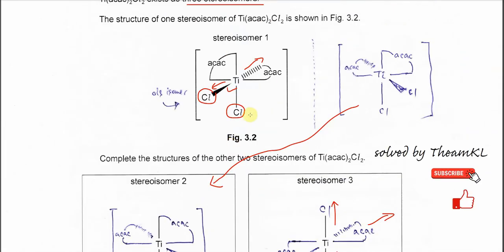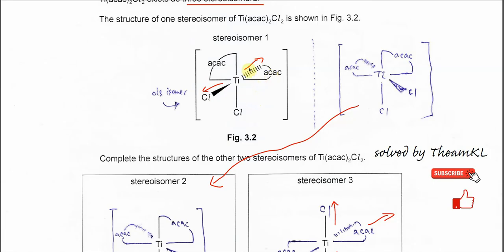For this cis isomer, this cis and this cis are mirror images, but in terms of whether the dipoles cancel, polar or non-polar, they are actually similar. Because you see opposite here, this is chloride, this is acac, so it's a different ligand. The dipole will not really cancel.